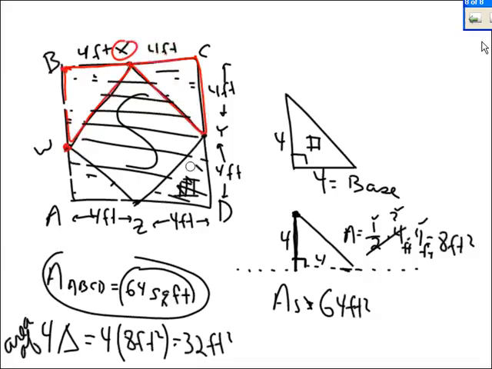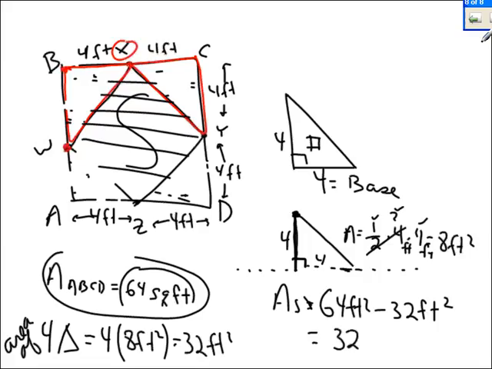What's left is the area inside, the area that I have marked as area S. So it's the whole area minus the area of the 4 triangles, and 64 square feet minus 32 square feet is 32 square feet.